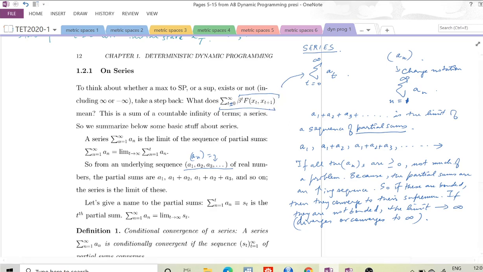For example, firms could be maximizing profits, which could be positive and negative, and there are lots of consumer problems also where the objective function is not necessarily positive in each period, right? So we need to consider problems that happen if some of the terms here are positive and others are negative. The simplest example is that of the sequence of alternating ones and minus ones.